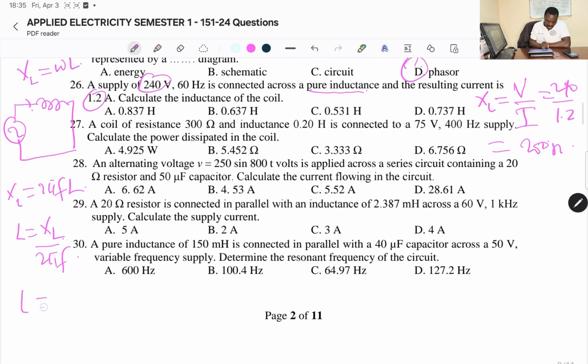Now I can come here. That means 200 over 2 pi times the frequency. The frequency is given as 60. So we have 200 divided by 2 times pi times 60.